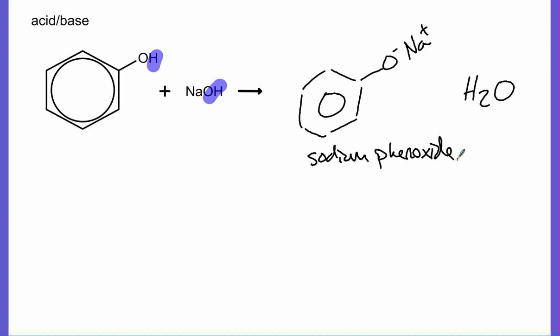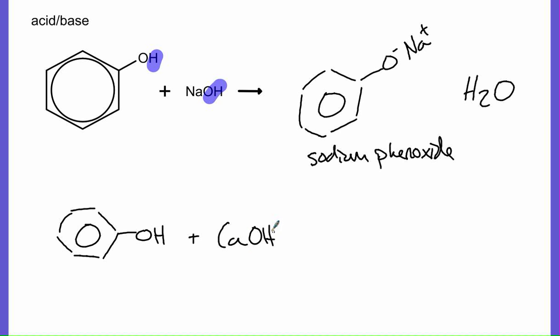So usually the curveball that I'll throw you for this example is just a reaction with a different base that will balance differently, right? So what I would do is react it with a calcium hydroxide instead, right?